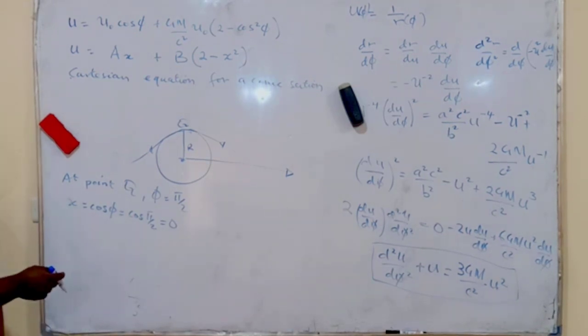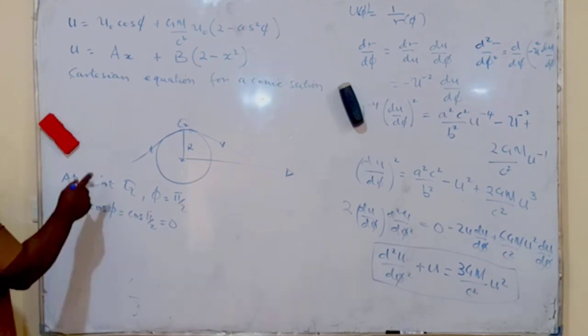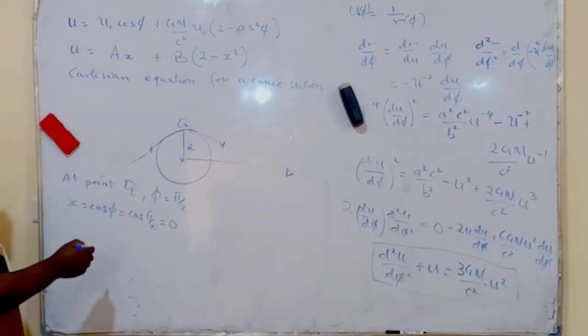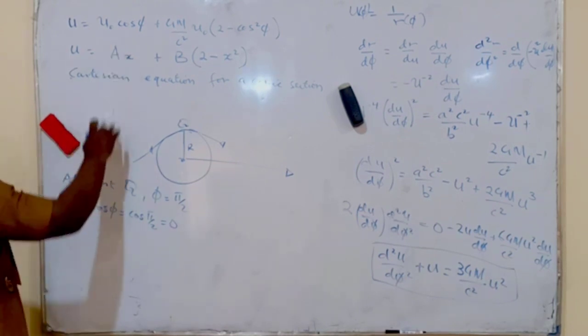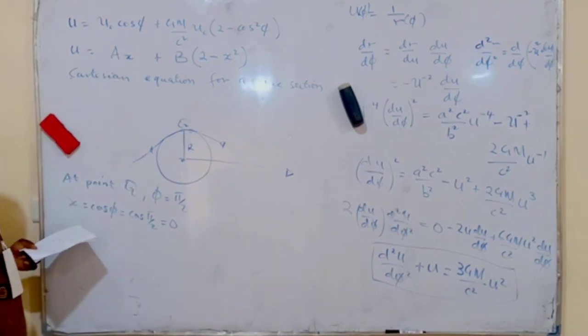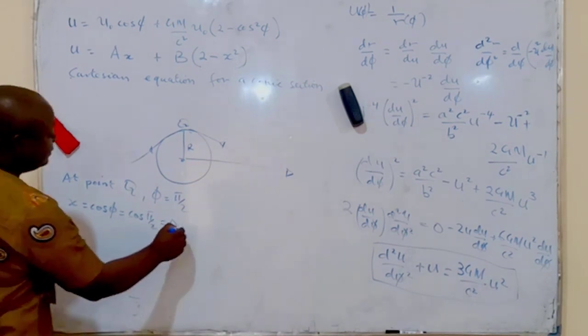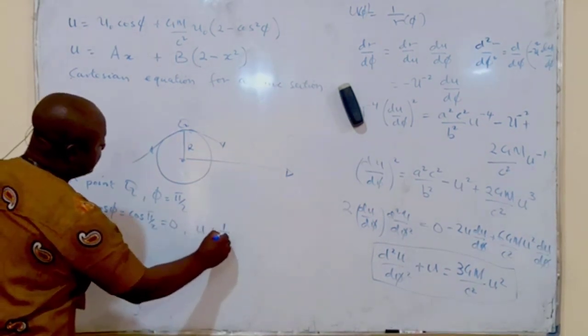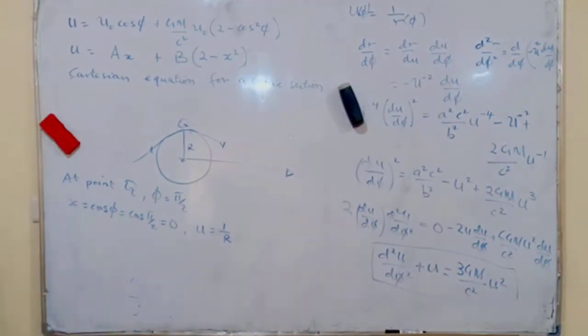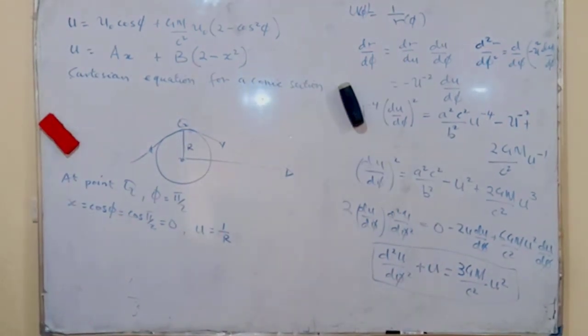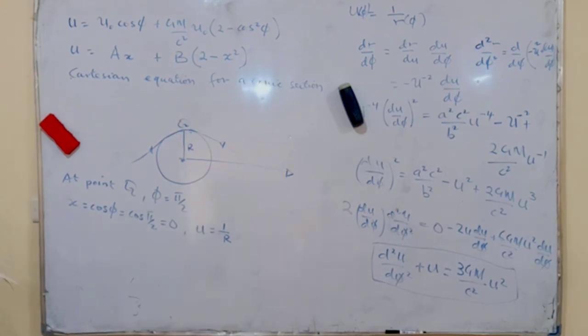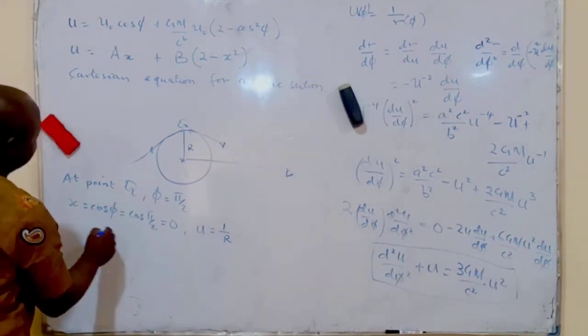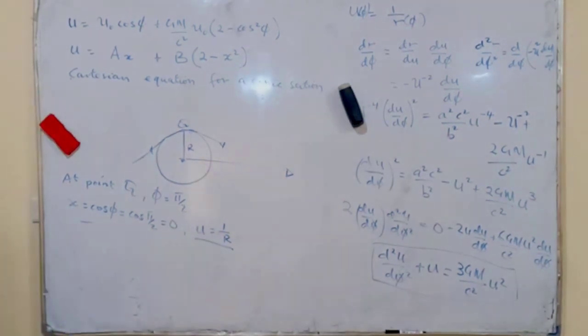So at this point our u is 1 over r. These are like some initial conditions. If our u is 1 over r, then what will be our b?